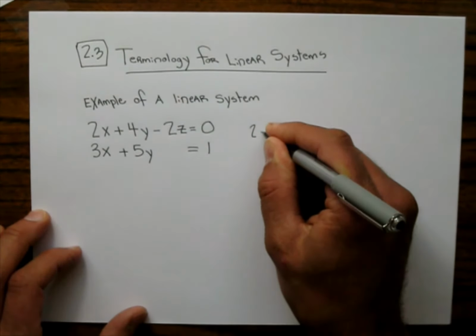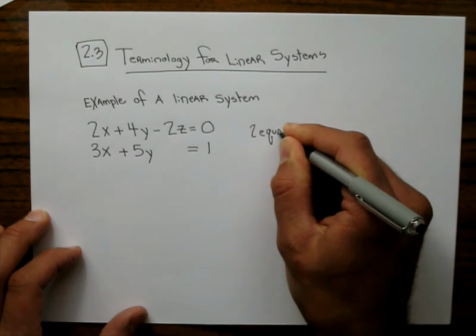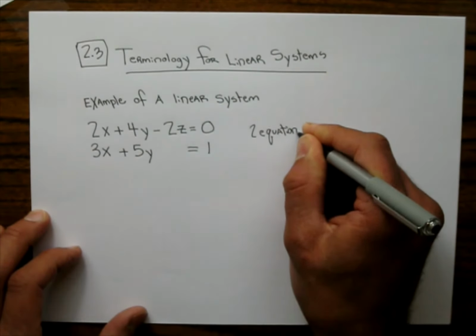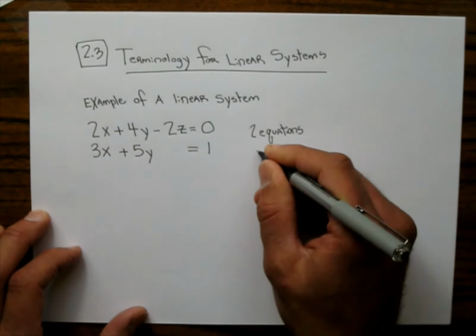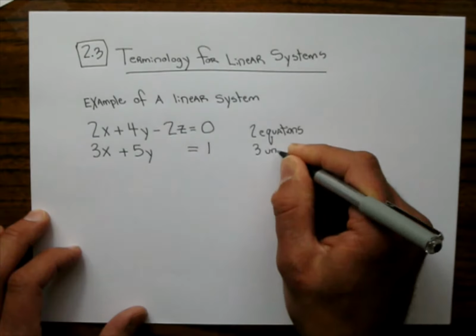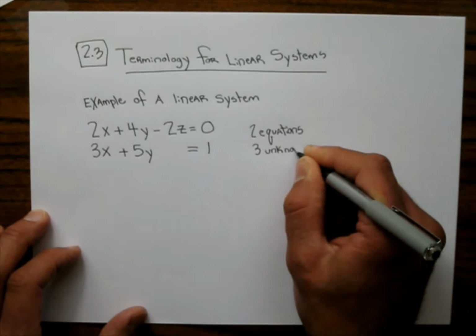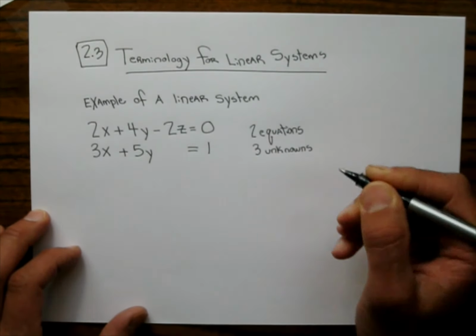So let's write that down. There are 2 equations and 3 unknowns, or 3 variables. We'll just say unknown since I already started writing this.